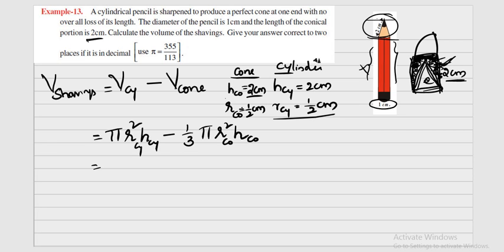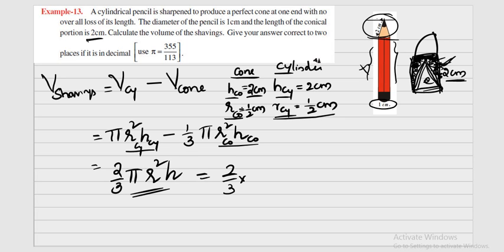Since the height of the cone is equal to the height of the cylinder, and the radius of the cone is equal to the radius of the cylinder, these are the only two variables present in both formulas. So directly, pi r squared h minus 1/3 pi r squared h gives me 2/3 pi r squared h. By simplifying this we get the answer.